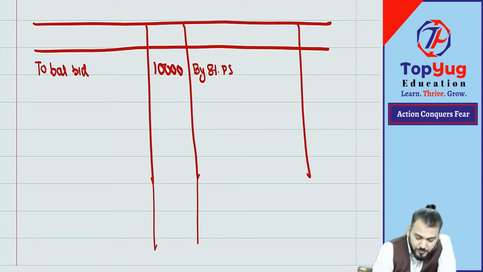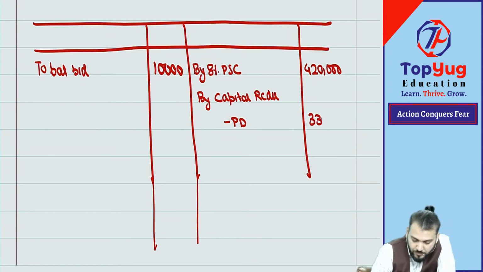8%. How much? Then what? Very good. Preference dividend. How much? Then what?